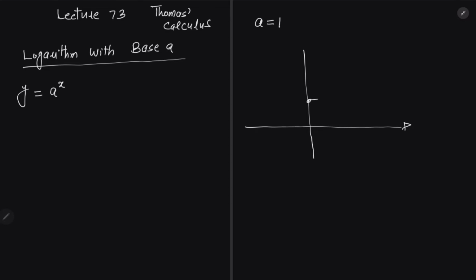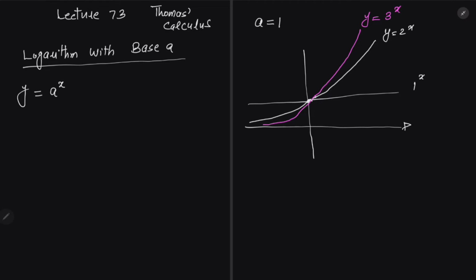When a is equal to 2, the function is y is equal to 2 raised to power x. Similarly, when a is equal to 3, the function is y is equal to 3 raised to power x.